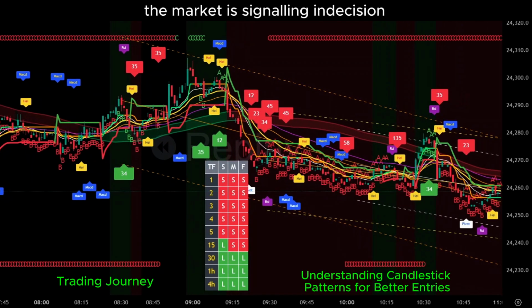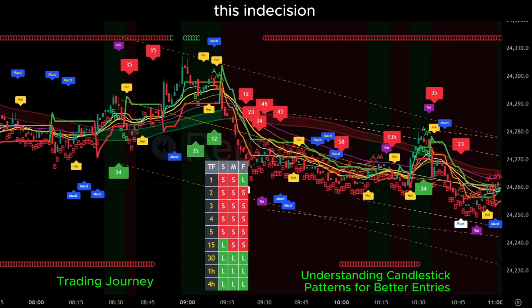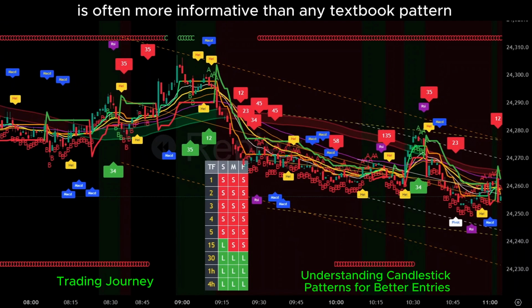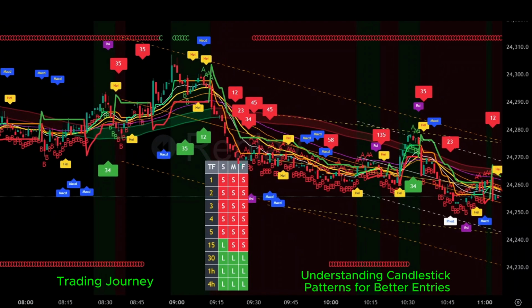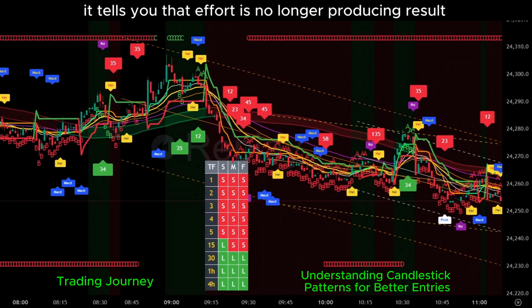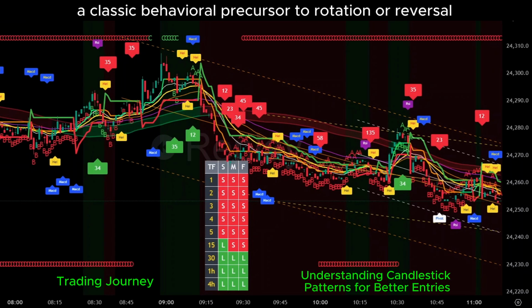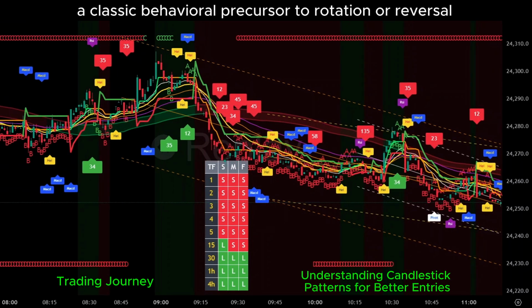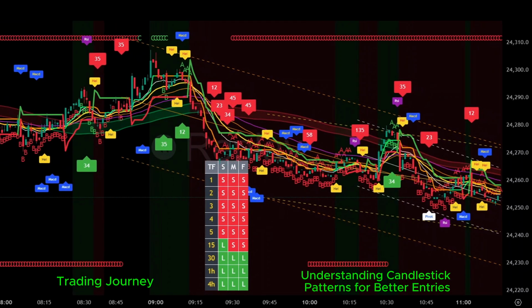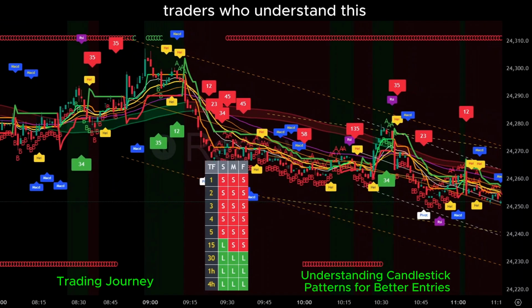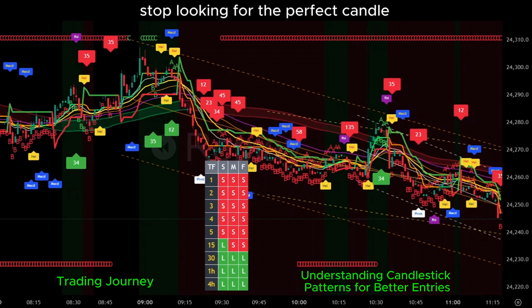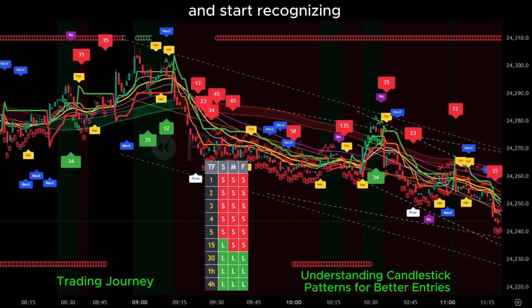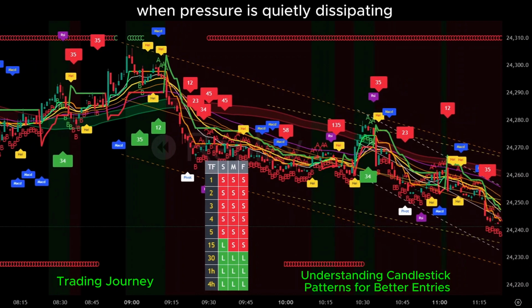The market is signaling indecision. This indecision is often more informative than any textbook pattern. It tells you that effort is no longer producing result, a classic behavioral precursor to rotation or reversal. Traders who understand this stop looking for the perfect candle and start recognizing when pressure is quietly dissipating.